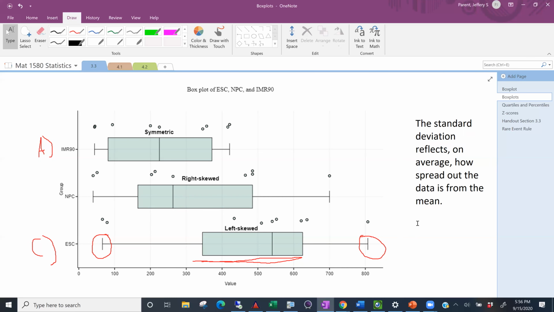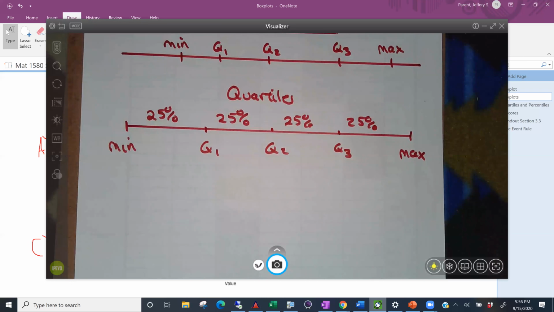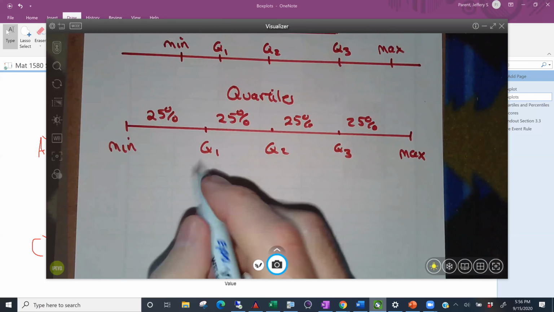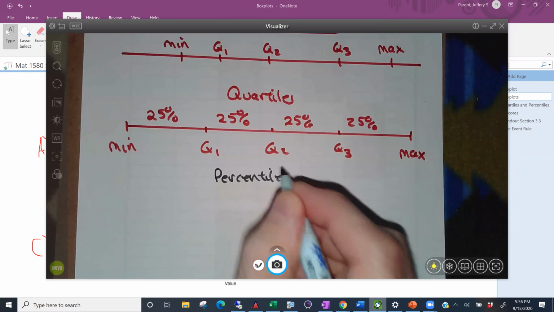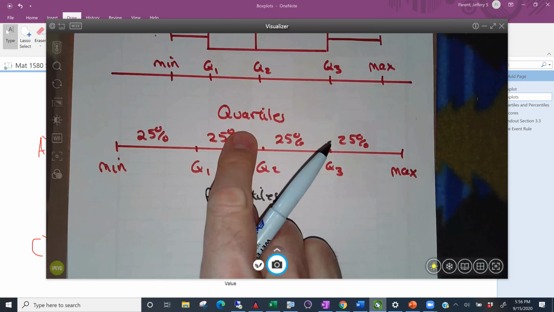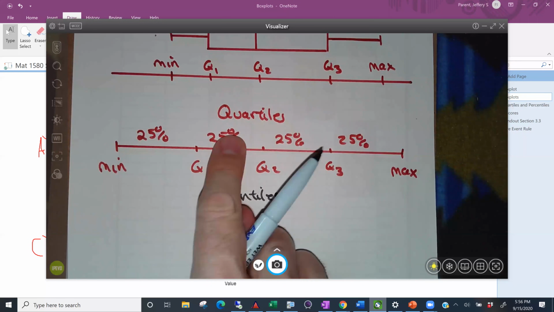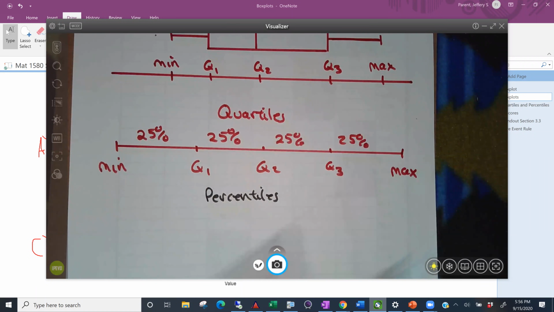So let me switch over to the screen here. Before I do, are we okay with this one? All right. So let's look at percentiles next. Now with quartiles, the data was broken up into 4 chunks by 3 points.